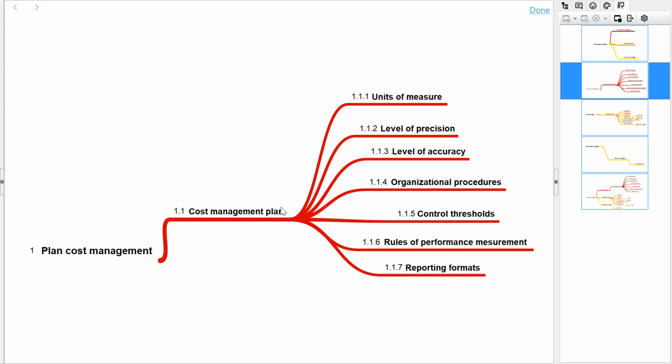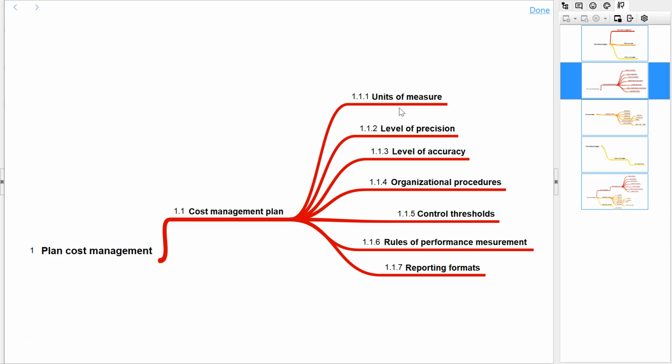It will be much easier if you understand the contents of the cost management plan, then it explains itself. A typical cost management plan contains the units of measure to be used. For example, in a knowledge industry or especially IT, the cost is synonymous with the effort of manpower.